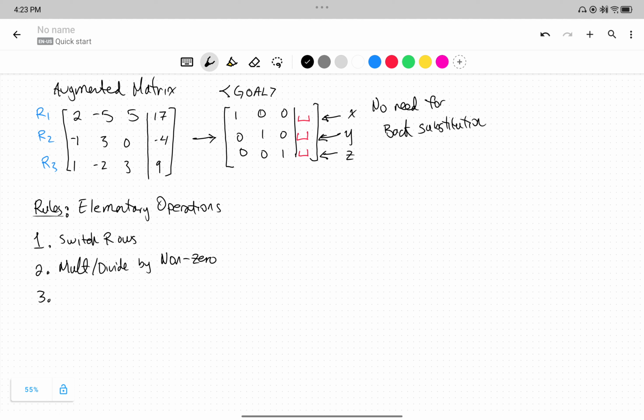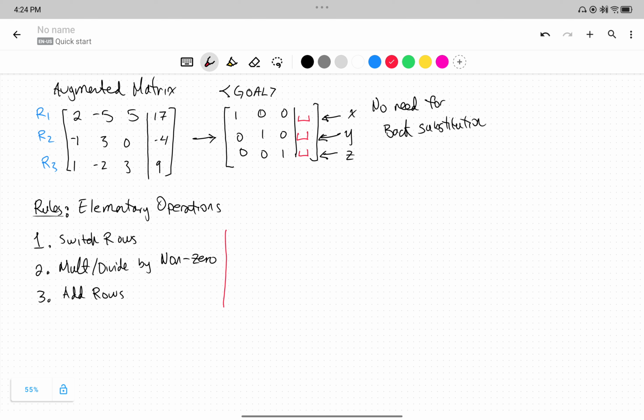You can add equations. Well, add rows, I should say. All right. Next, the pattern that we were looking at.